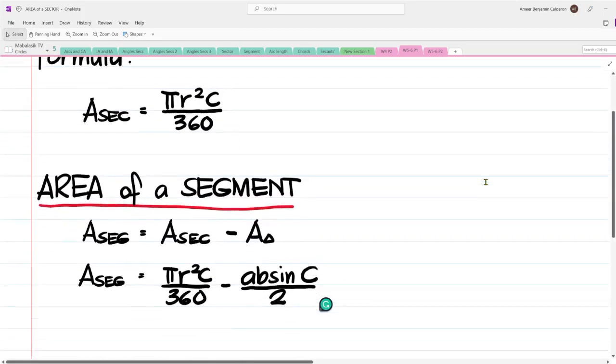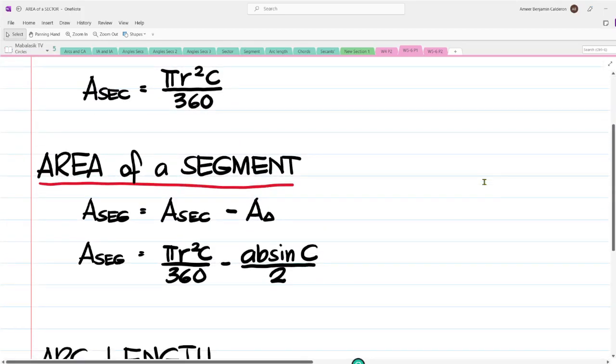Area of a segment: we have pi r squared C over 360, that is just the area of a sector, but we will subtract the area of a triangle, which we will calculate using AB sine C over 2, A and B being the measurements of the two sides of a triangle and C being the included angle, which in this particular case is the central angle of the circle.